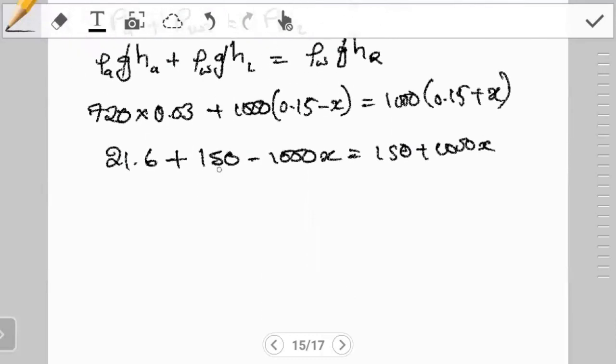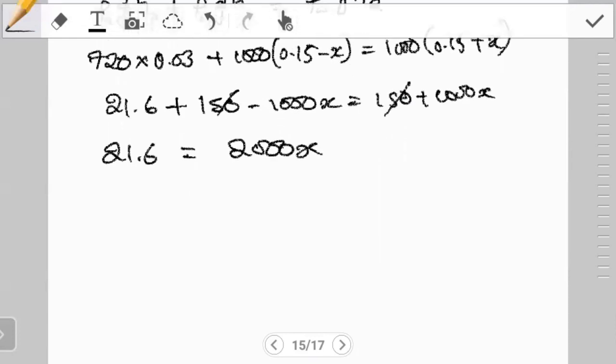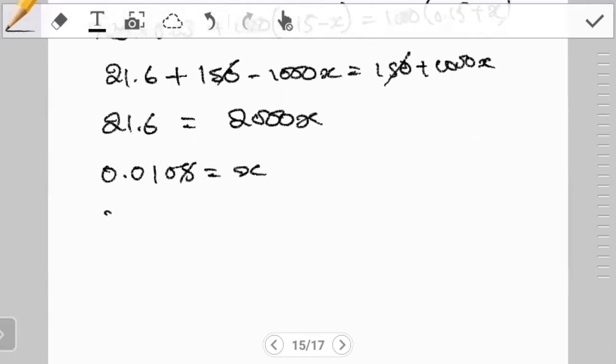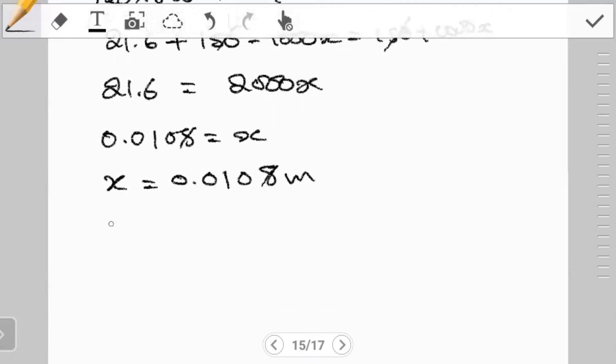So the 150 and 150 cancel out. Group the like terms. We have 2000x. Divide both sides by 2000. We end up with 0.0108 equal to x. So this implies that x is equal to 0.0108 meters. In centimeters, this becomes 1.08 centimeters.